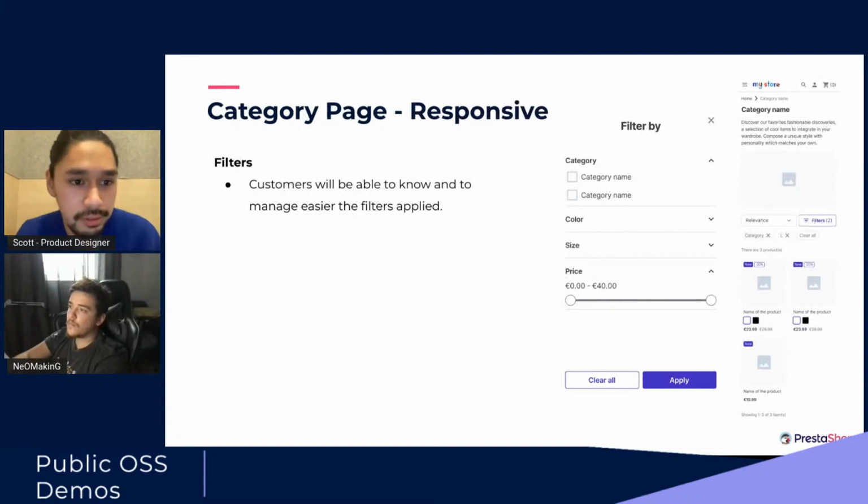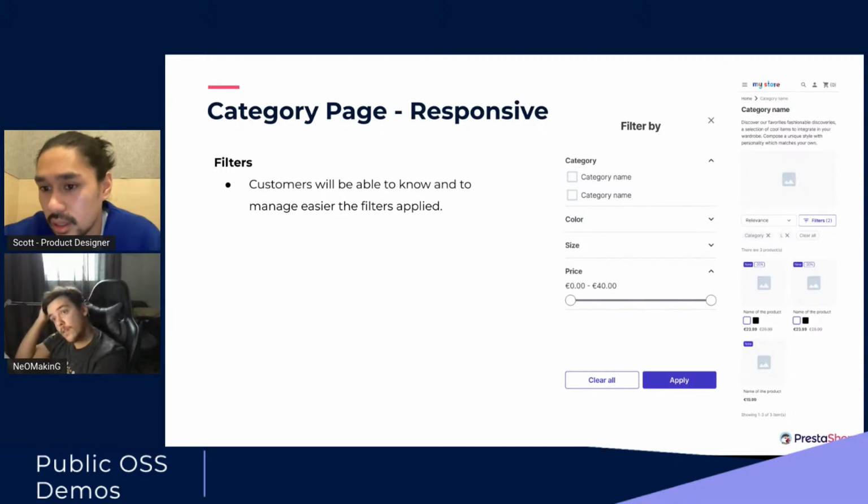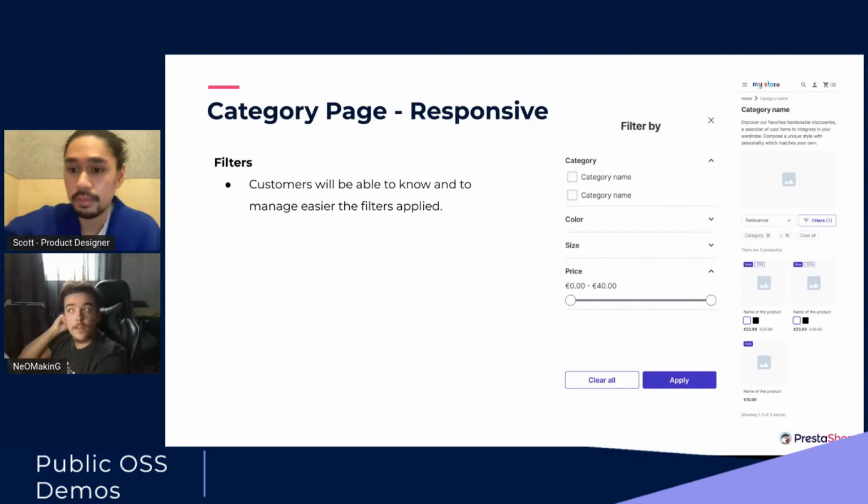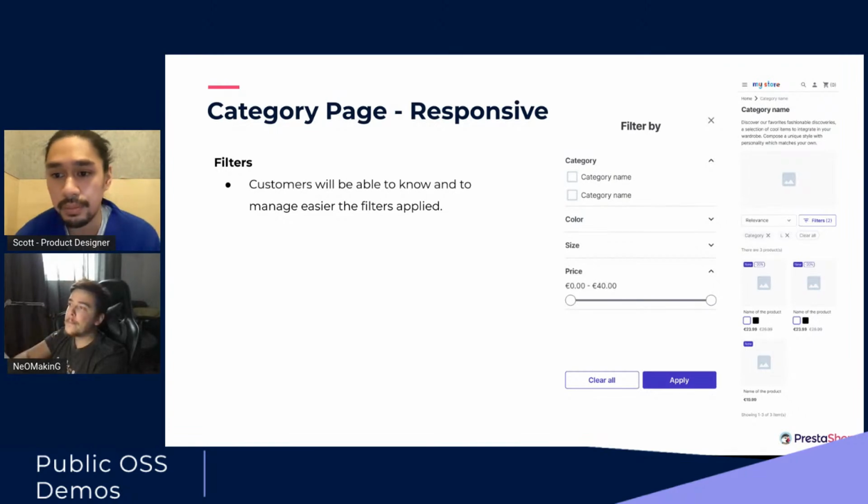And on responsive, the filters also changed. Now, if you look at the right screenshots, you can see that there are two filters applied. It's easier to understand because there is a number next to the filters, and also there are tags in the size large that you can easily manage.